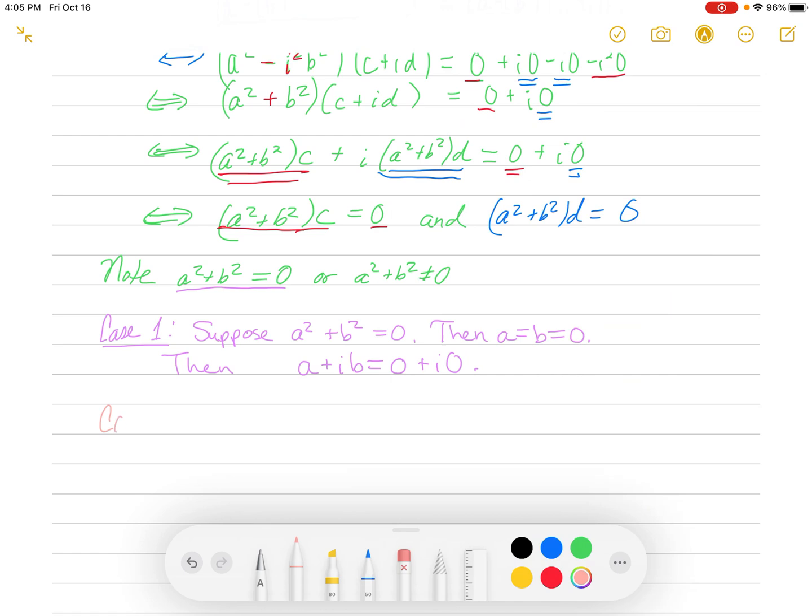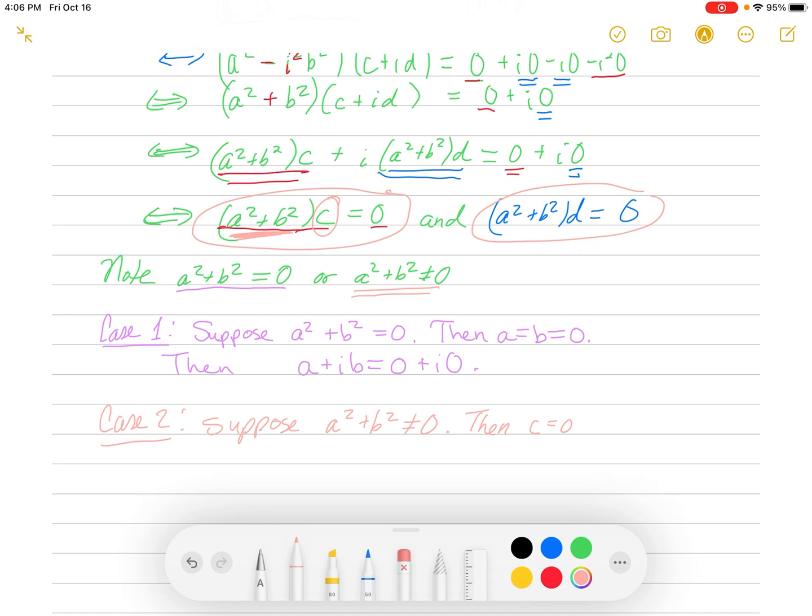Well, case 2. Let's suppose a squared plus b squared is not 0. Now, if we go back to our equations here and here, and we use the zero product property on those equations, if a squared plus b squared is not 0, that forces c to be 0.